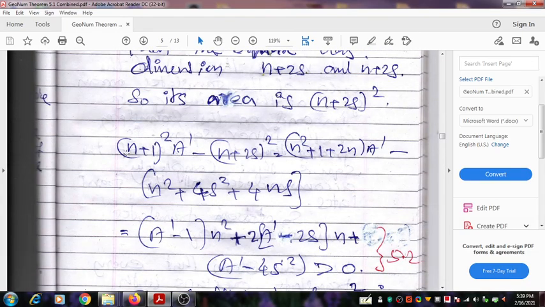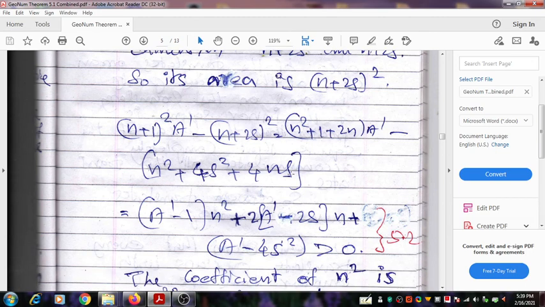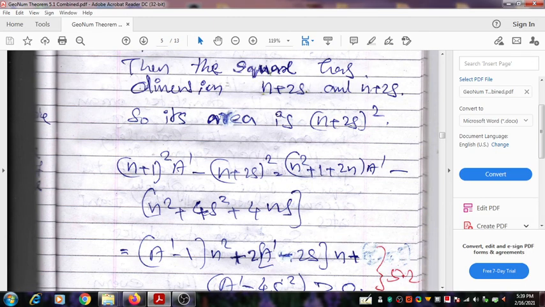In this expression, first you can see n plus 1 square into a prime is the sum of the areas of all translates. From that value we subtract another quantity, the area of the bigger square, n plus 2s the whole square.